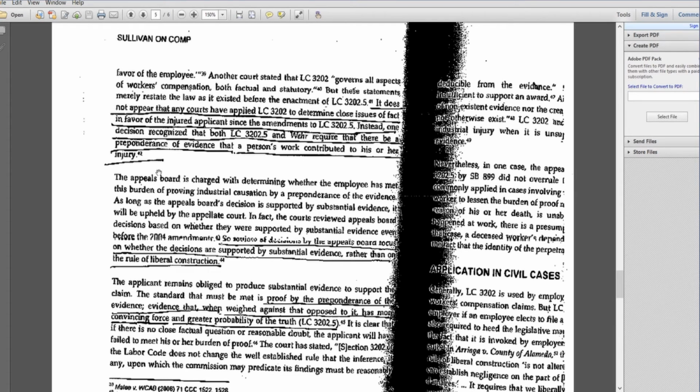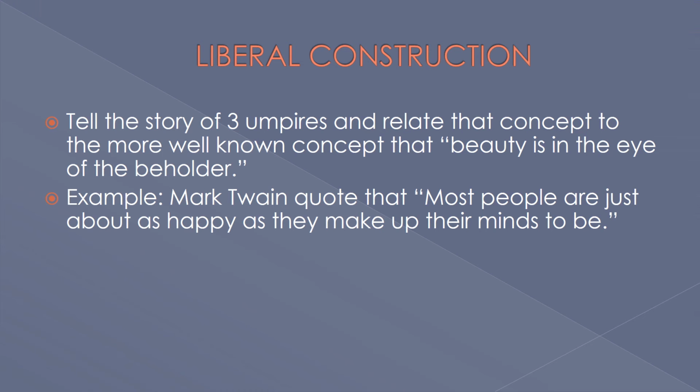And I want to give a couple of examples to illustrate this before we then proceed with some of the topics in this section. I want to tell you a story to help illustrate this idea of liberal construction, and I want to preface it with a couple of quotes, one of which is by Mark Twain.